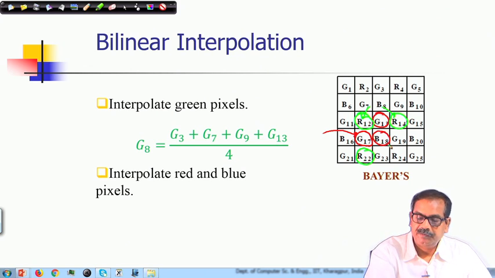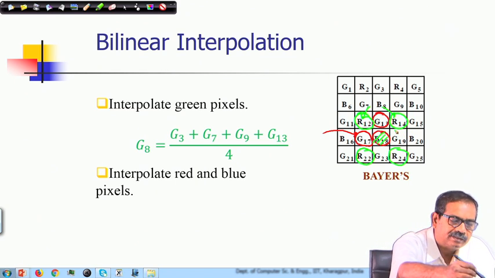If it is a blue column and blue row, then you should in addition consider all the diagonal neighbors of this pixel, and take the average. These are the three cases for interpolating red. Similarly, you carry out the same operations for blue.